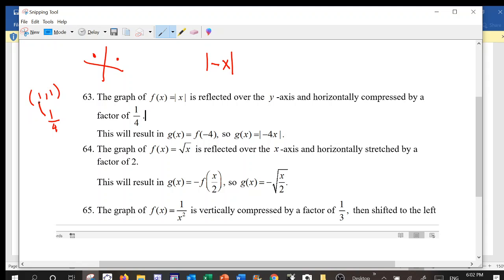If you multiply the x coordinate by 1/4, in the formula you have to, because you're dividing actually by 4, so in the formula you have to multiply by 4, right? Because when you multiply by 1/4, you're actually dividing by 1/4. So if in the points you divide by 4, in the formula you have to multiply by 4. So that means basically what you have is negative, right?